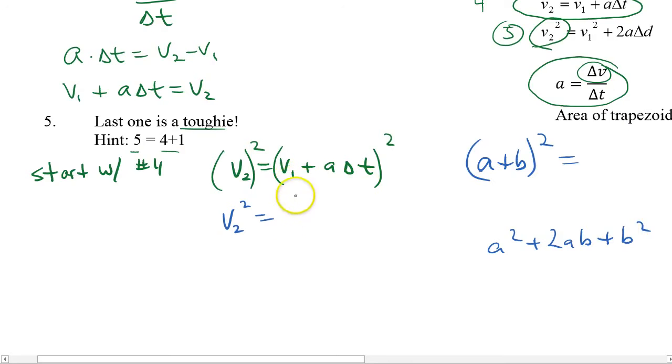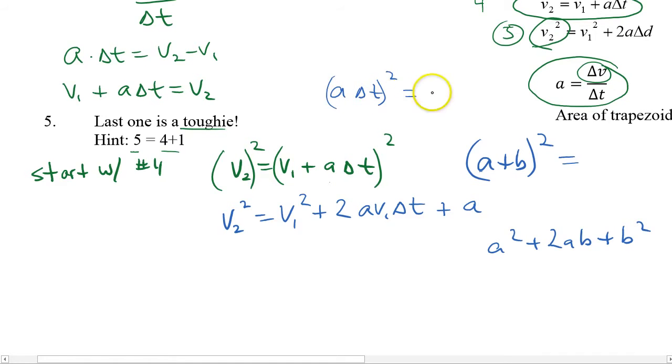So let's follow that. v1 squared plus 2 times these two multiplied together. And now I got 3 letters, so let's go alphabetical: the a, and then the v1, and then the delta t. Plus the last one squared. Now be careful. a times delta t, all squared, is going to be equal to a squared delta t squared.